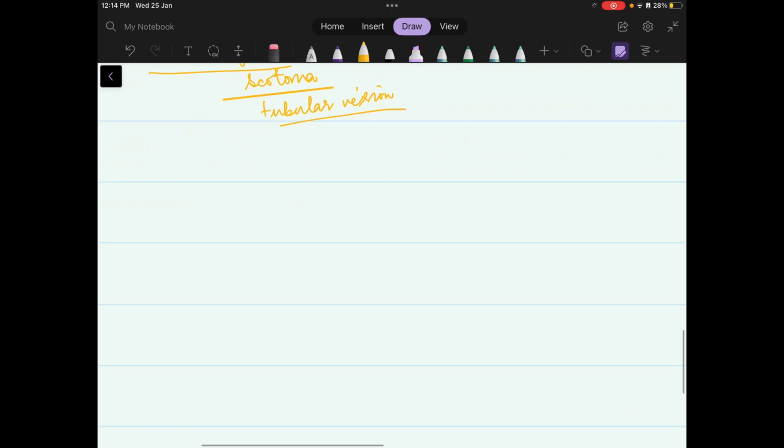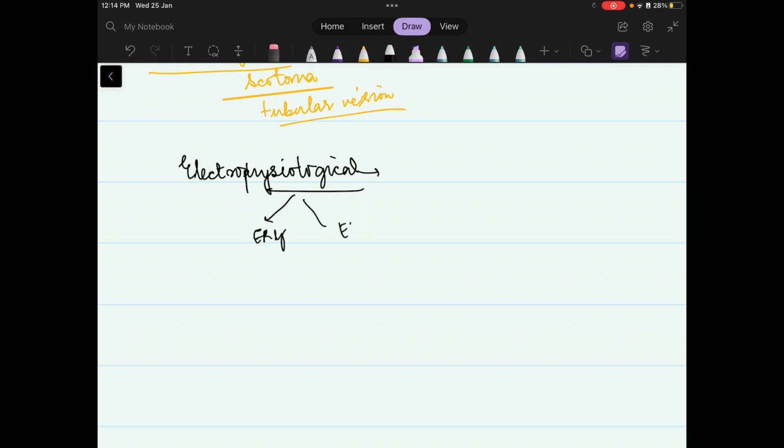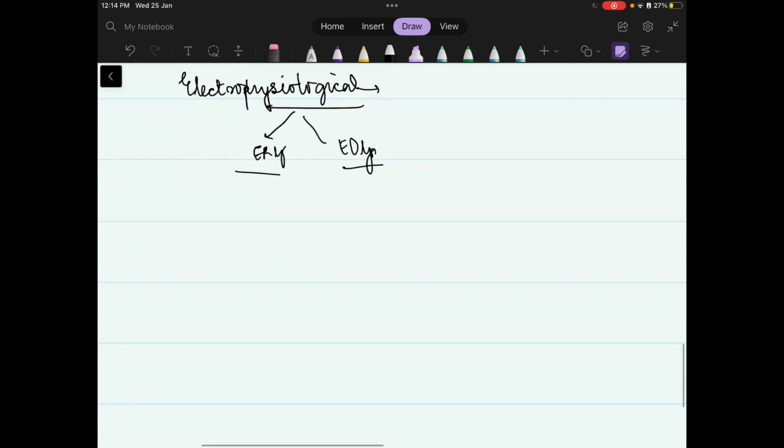Then coming to the electrophysiological changes. Electrophysiological studies are a mainstay in such conditions. We do two tests, ERG and EOG, that is electroretinogram and electrooculogram. What are these tests? In electroretinogram, in a normal person, we see three waves.